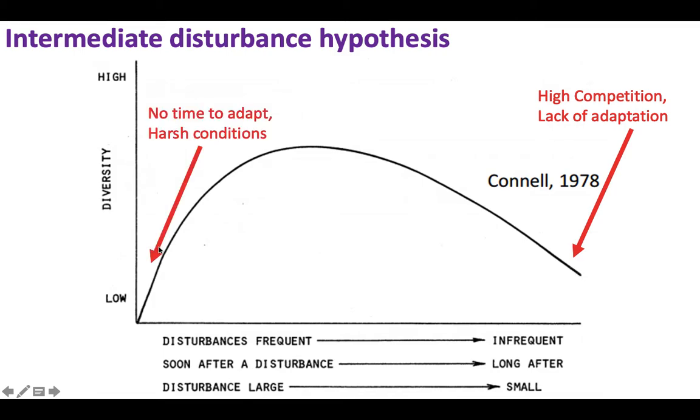On the flip side, areas where disturbances are extremely intense and extremely frequent, it's very hard to live there. And there's no time to adapt because your species gets wiped out before the next disturbance even arrives. So we tend to see in nature that biodiversity persists the highest at areas where there's intermediate levels and intensities of disturbances.